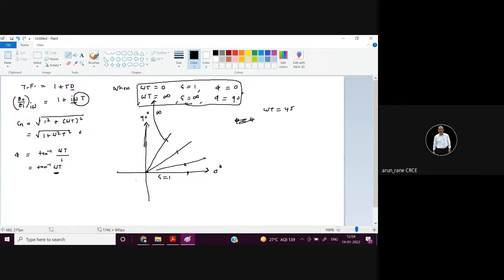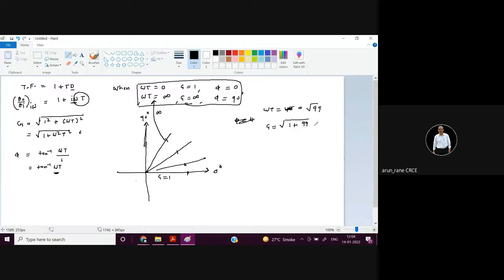So what will be the value of G? So G is equal to under root of 1 plus 45 square. Okay. Or I will take omega t is equal to something, say 9 or something. Okay. So 81 or 99. So I will take omega t is equal to, say, root of 99. Omega t is equal to root of 99. So its square will be 99.